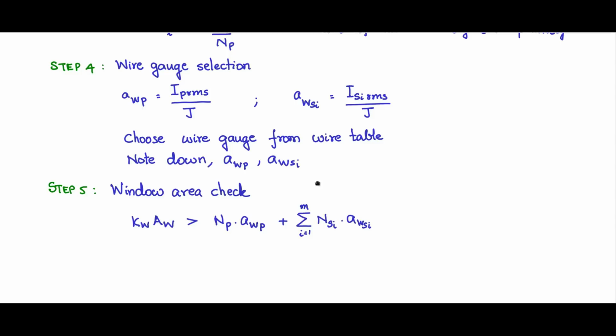All these turns times area should add up and fit into the available KW AW. Only then will the design be successful.